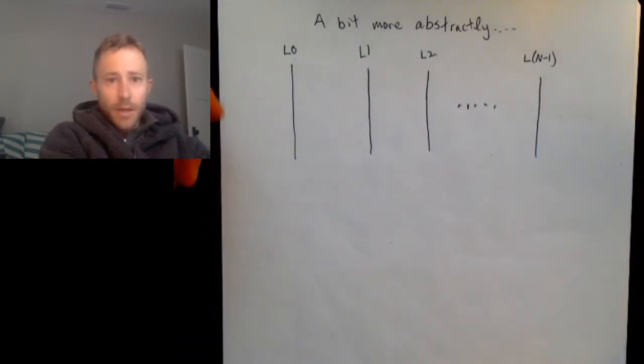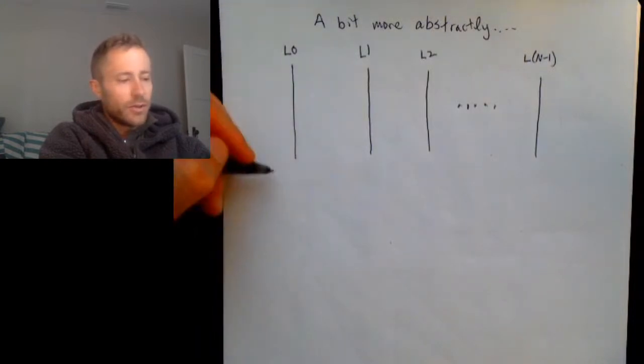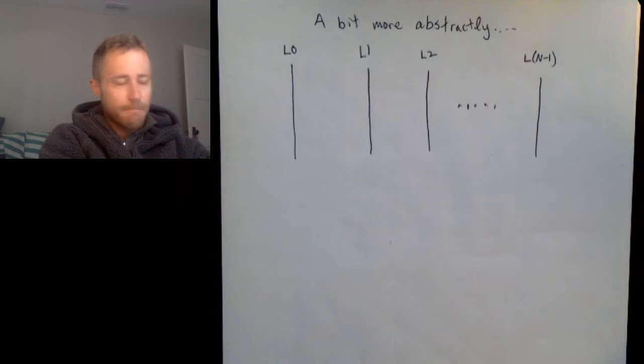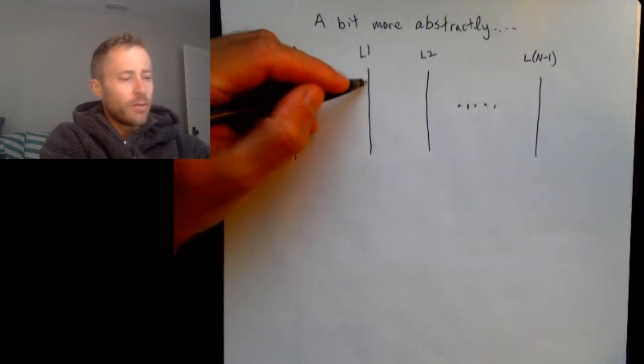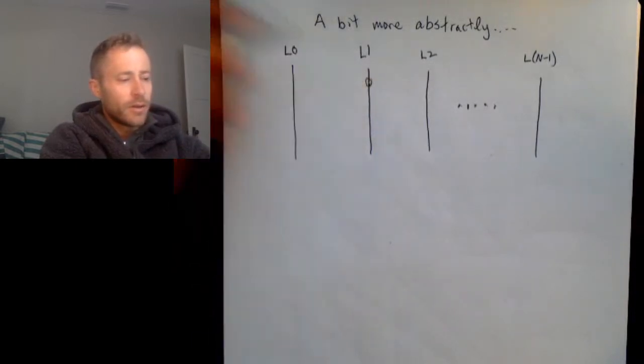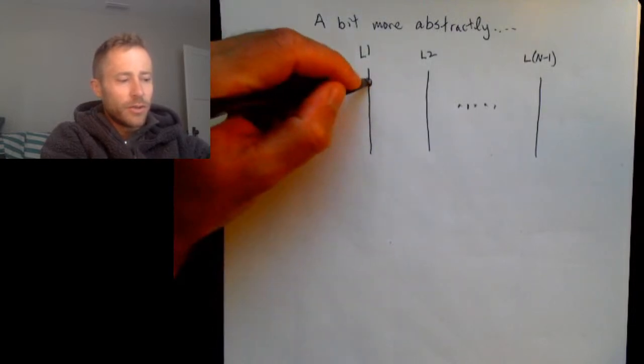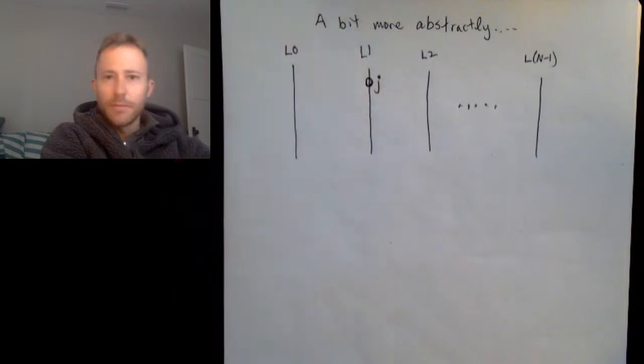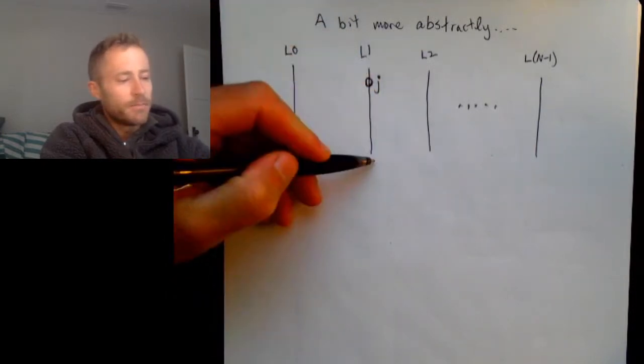All right. And let's suppose that there are a certain number of neurons in each layer. Okay. So if we looked at one of the neurons, let's suppose that this is neuron J in layer 1.